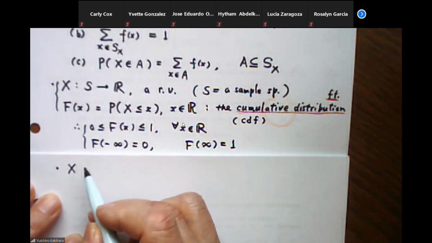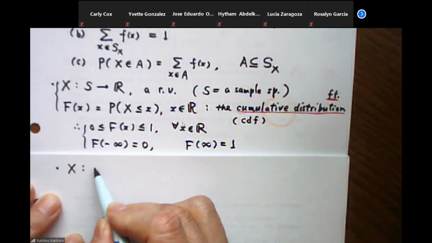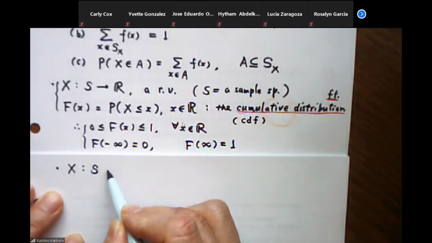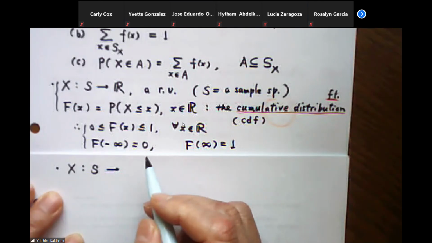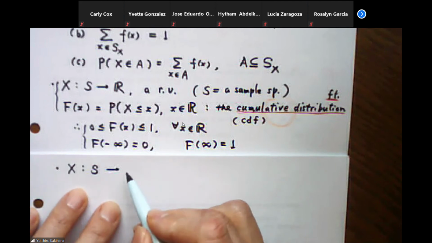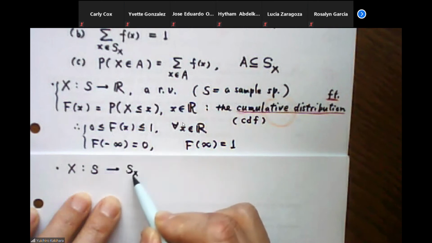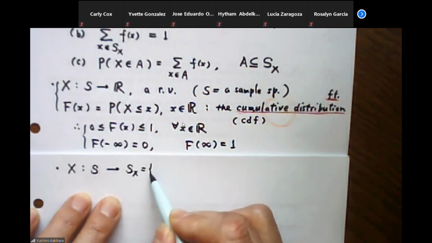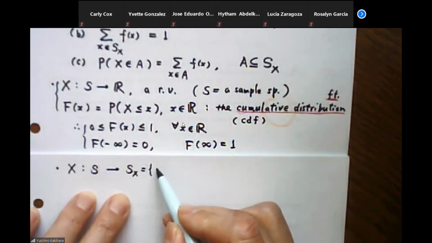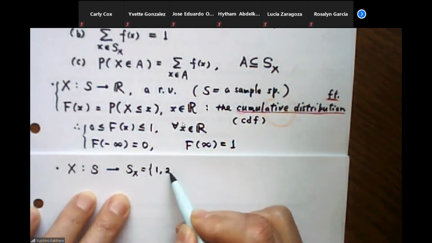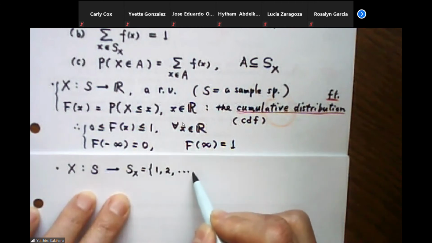X is defined on the sample space S, and the range of X, S sub X, happens to consist of finitely many numbers, 1, 2, up to m.